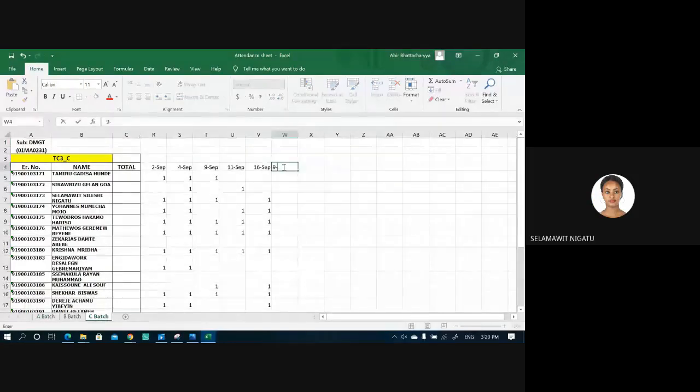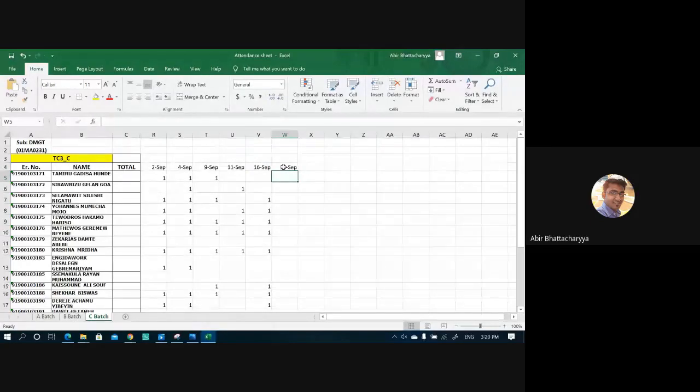Tamiru is absent, no activity from Tamiru. Siraviju is present and active today, no problem. Salamavit is active today, yes, he is present.